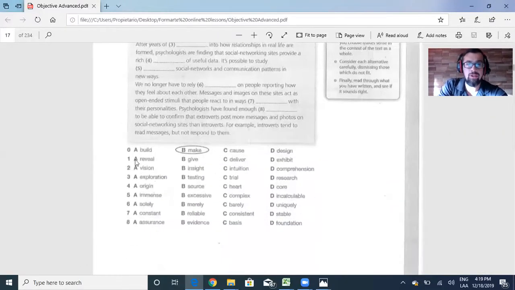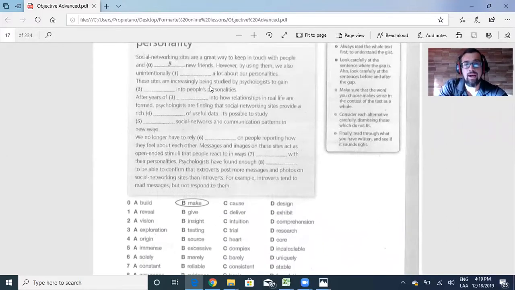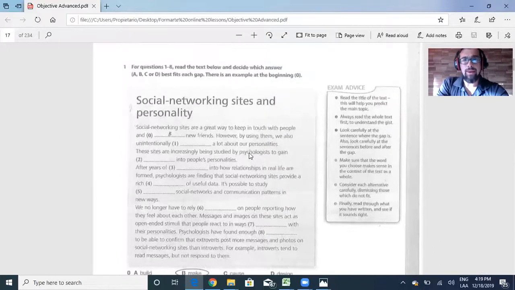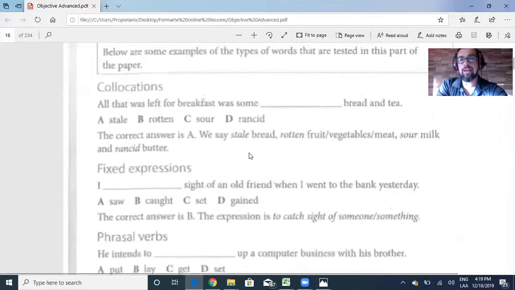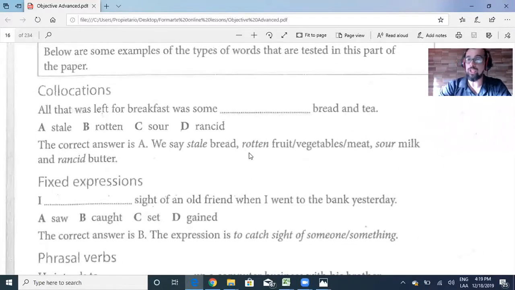And, well, you need to choose A, B, C, or D. And make, in this case, is make new friends. Okay. So we have this example here, but let me tell you what grammatical parts we need to study for this part.